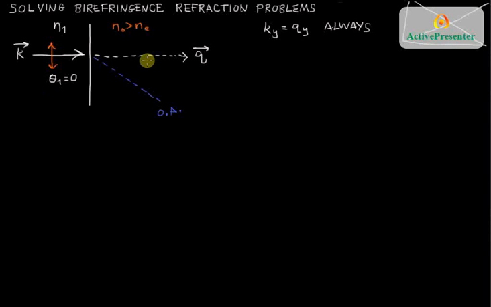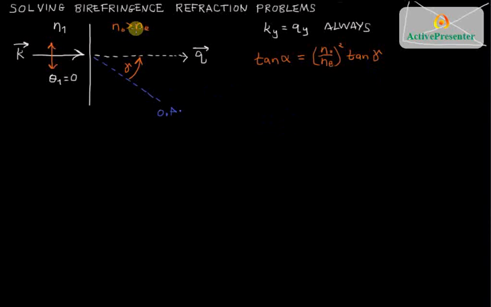So we already now know one of the two angles that help us solve these problems. We know the angle of the wavefront normal vector q relative to the optic axis. So we can just draw that there. That's the angle gamma. And now if we want to figure out where the Poynting vector goes, we know from a previous tutorial that the tangent of alpha, which is the direction that the Poynting vector goes, is equal to the ratio of NO and NE times the tangent of the first angle, the one we now already know.